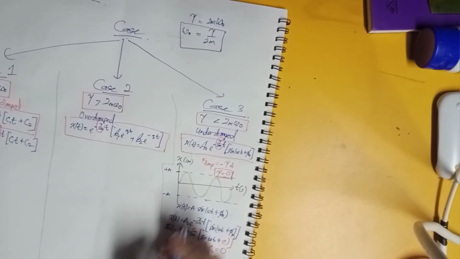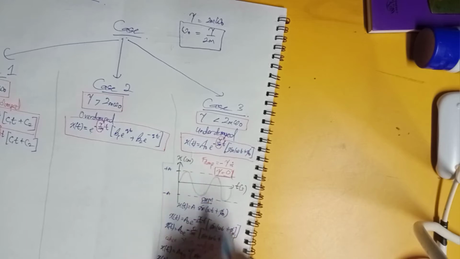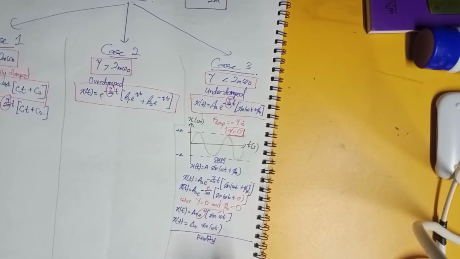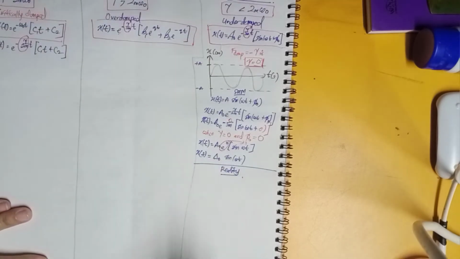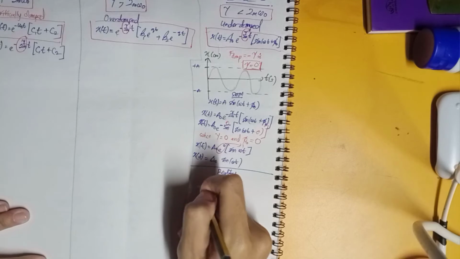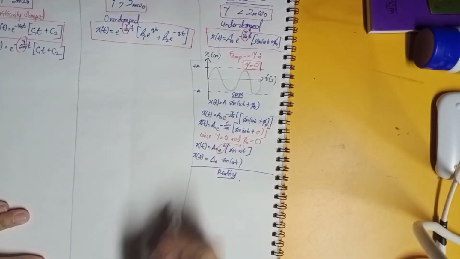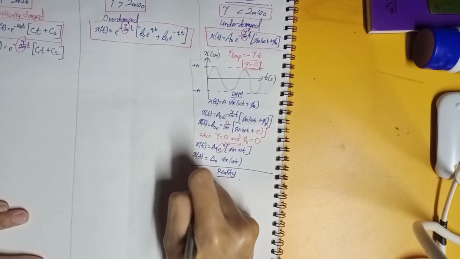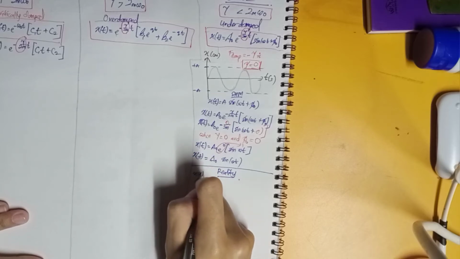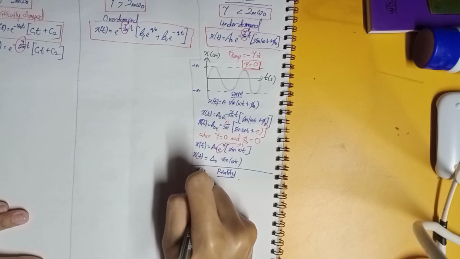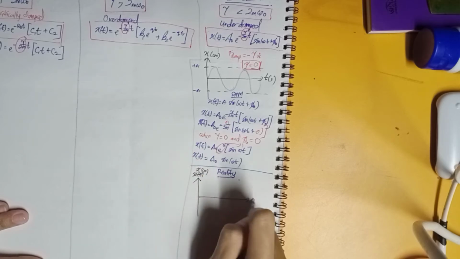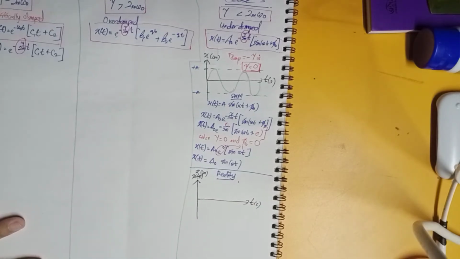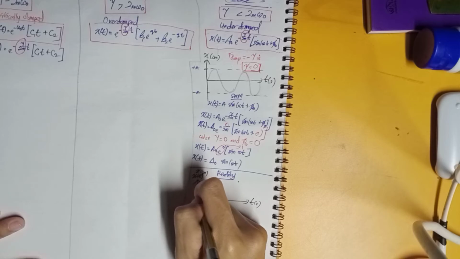So here is the simple harmonic motion. So let's look at reality. Here, reality. We have x(t) in centimeters, and then we have t, the time, measured in seconds.